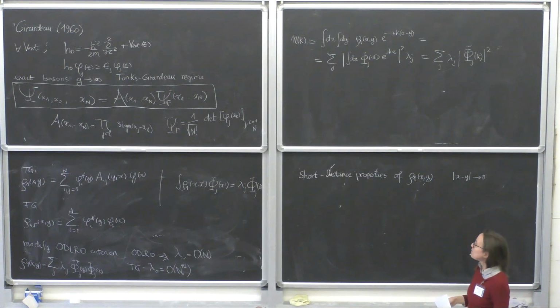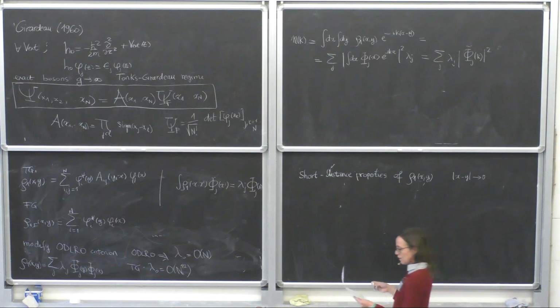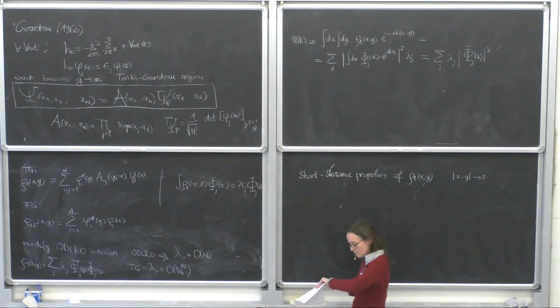And for that, we need another way of writing the one-body density matrix, which is a bit related to the function p that I was calculating before. So let me show you just one step.